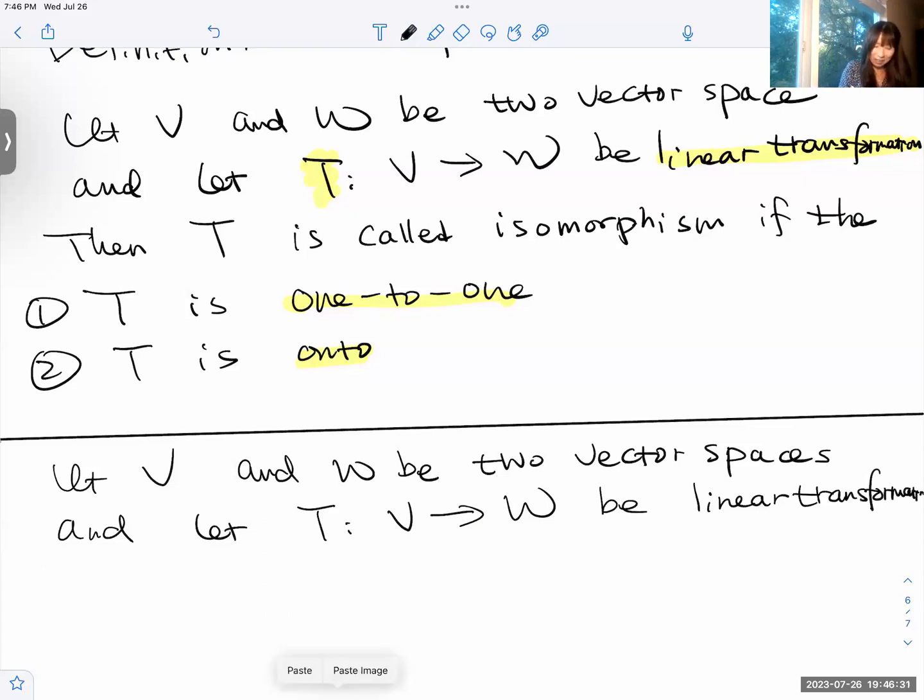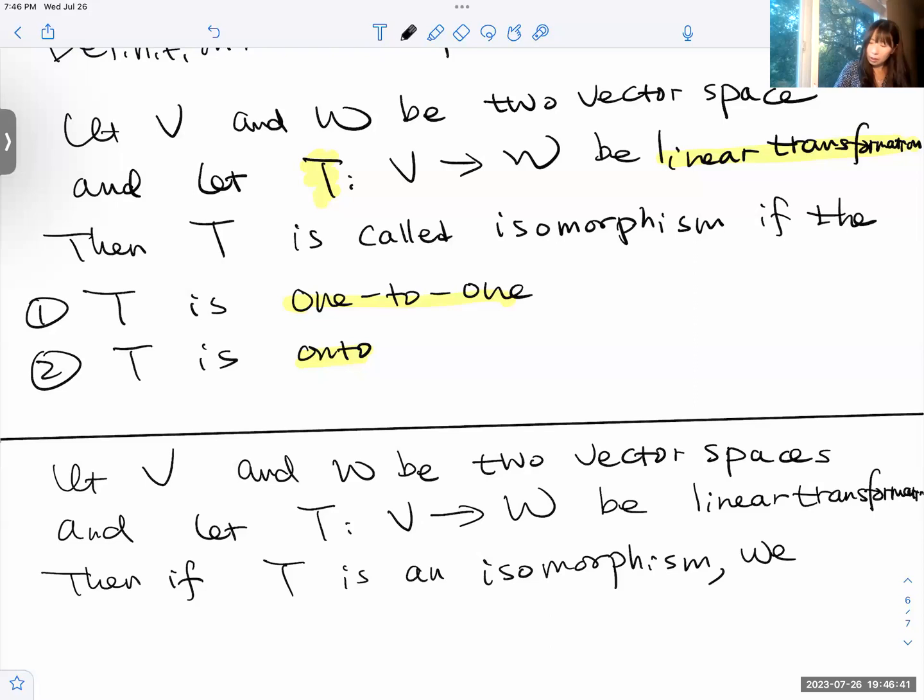Then if T is an isomorphism, we say that the domain and codomain are isomorphic. So V and W are isomorphic.